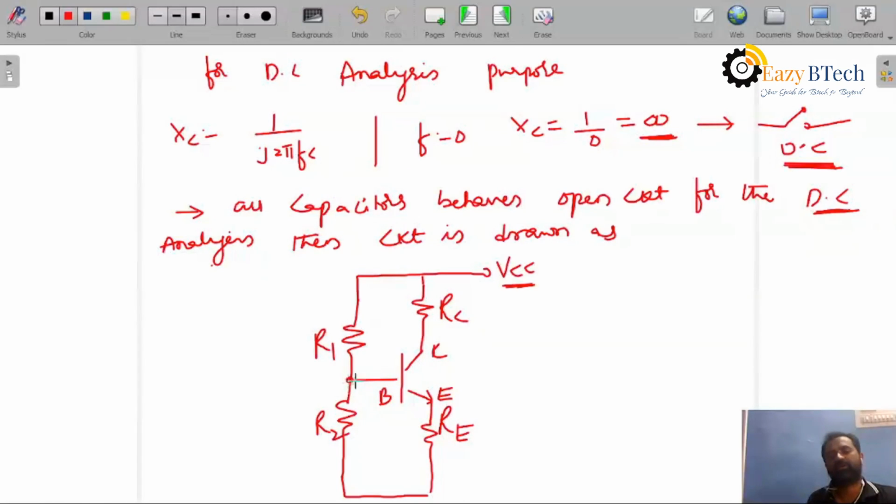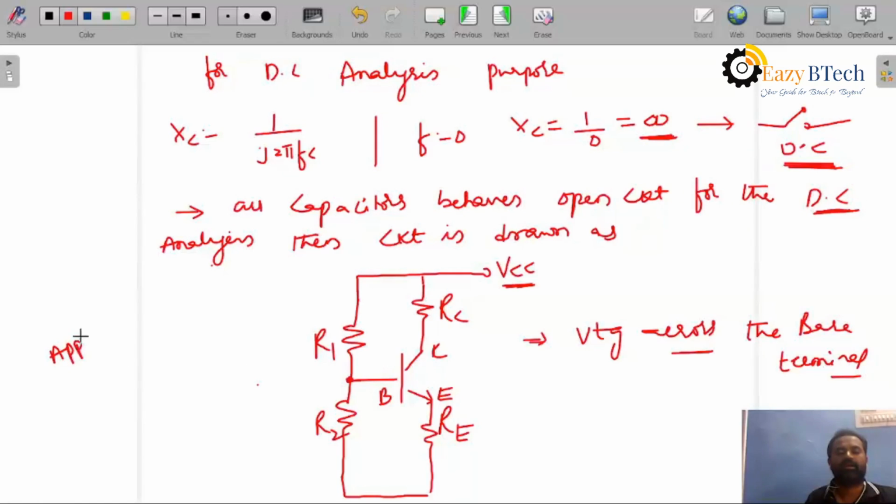Now the voltage across the base terminal, we can write by applying the voltage divider rule.